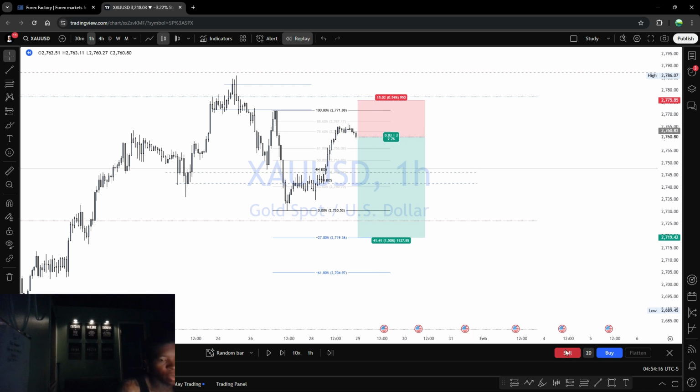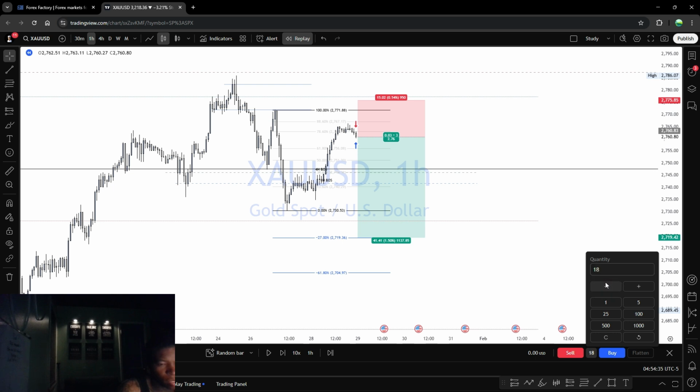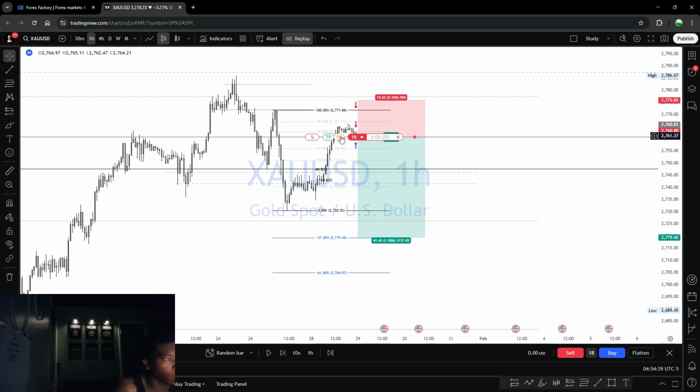Let's give it a try. So we are risking 250. So can't do that position because it's too much. So let's go down to about 18. Can't do that either.